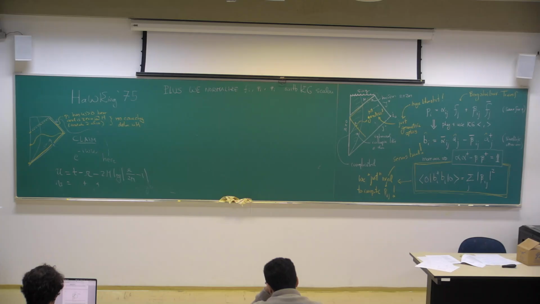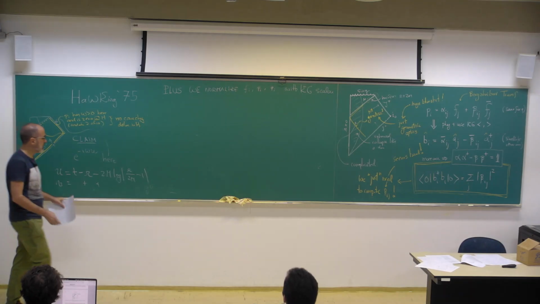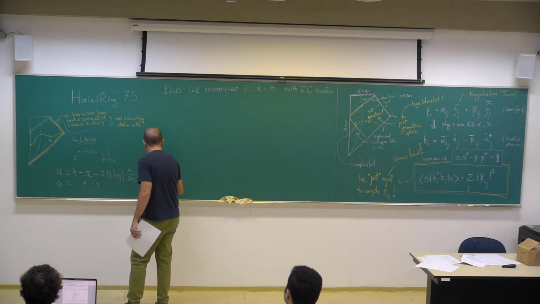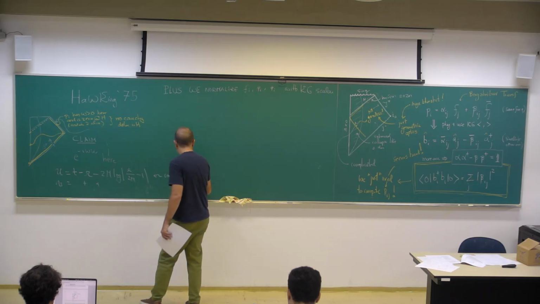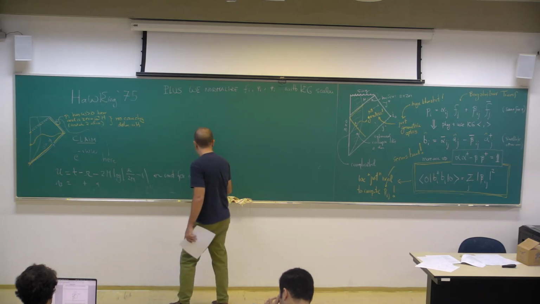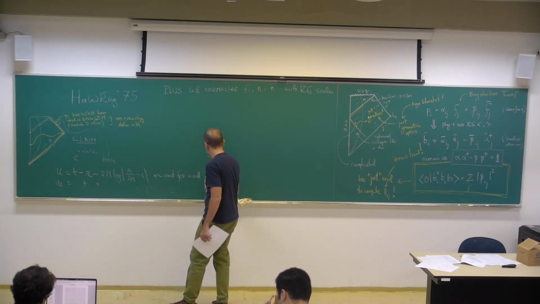So these are coordinates that are particularly nice to use in Schwarzschild because geodesics keep these coordinates constant. So incoming and outgoing geodesics are lines where u and v are constant respectively. Okay? So this u would be constant for a null outgoing geodesic.